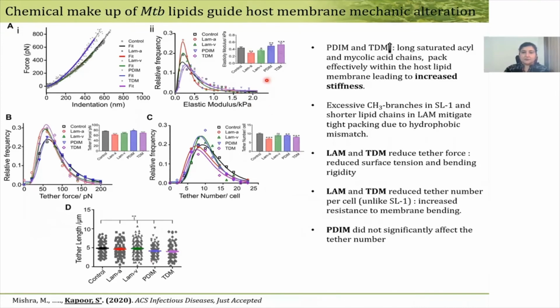Next, we extended these studies with different structurally unrelated lipids. And what we found was that different lipids were able to modulate the elastic modulus as well as the tether dynamics to a different extent, which eventually can be mapped to their structural aspects.